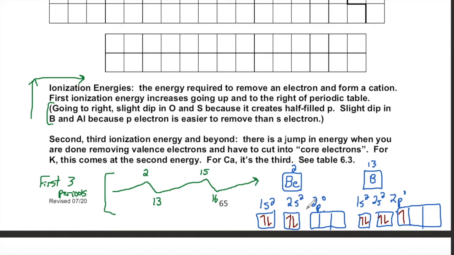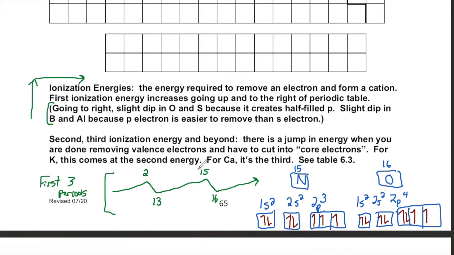We've got a full orbital here, a pair of electrons. We don't have an electron all alone. And so it's a little bit tougher to get at this 2s electron than it is to get at this 2p electron and remove it. So that's why we see this dip. It's a little bit easier to get that electron away from boron than you would expect.